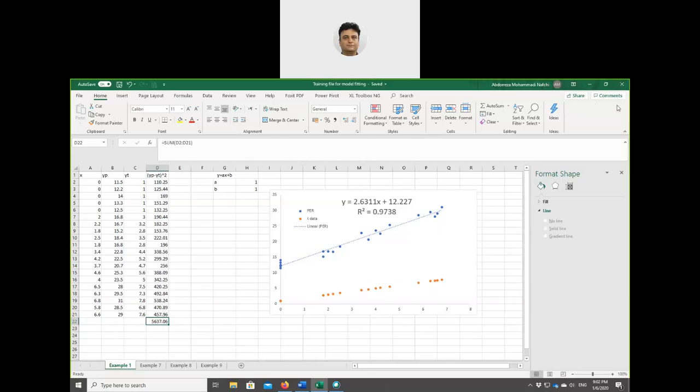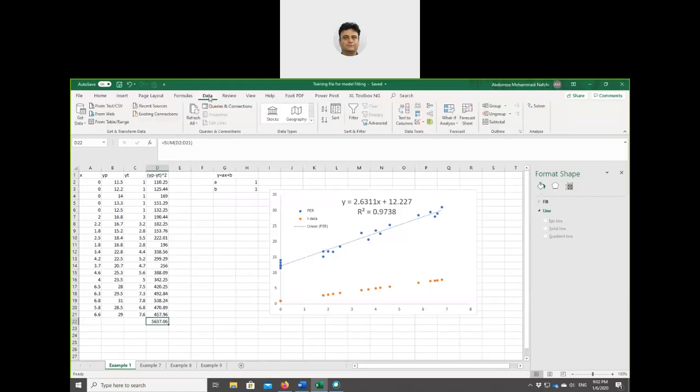Here, it's not easy to change and see whether it changed or not. Excel provides one useful tool here in the data menu. You can see the data menu.